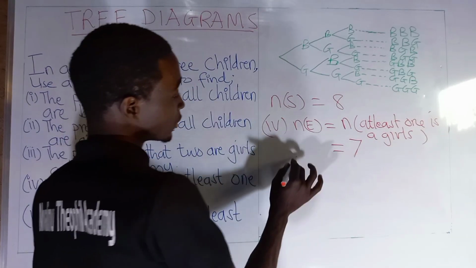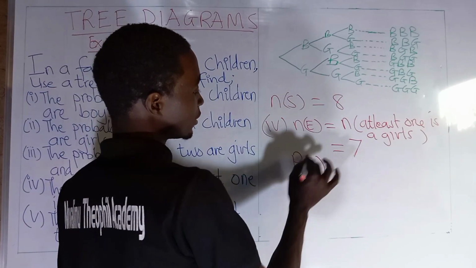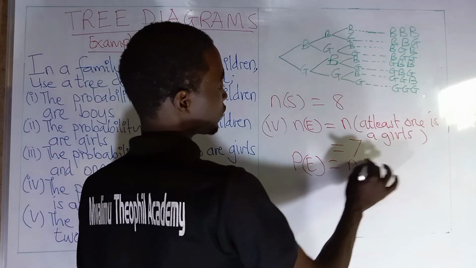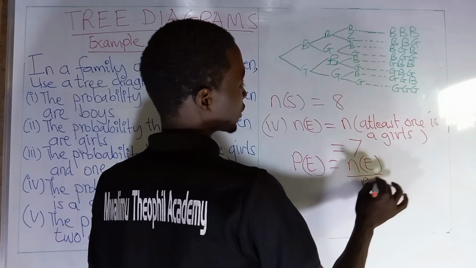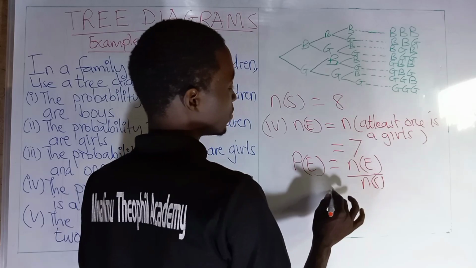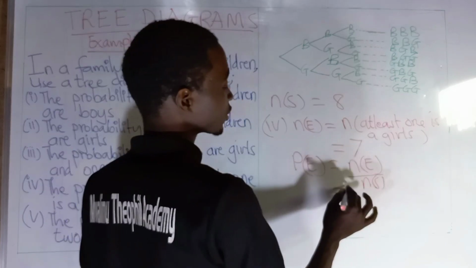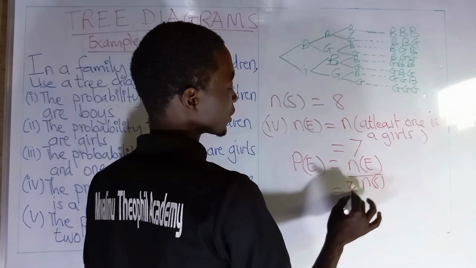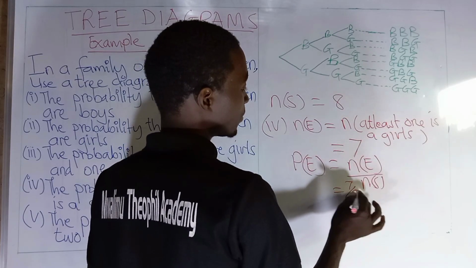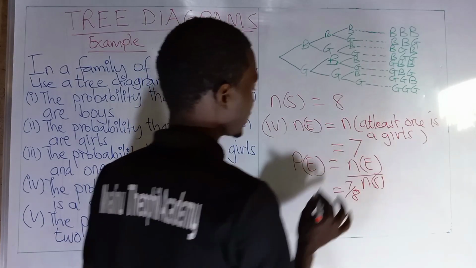Now here we say probability of an event is equal to number of events over number of sample space. Now it will be equal to number of events which we have 7, number of sample space 8. Now probability will be 7 over 8.